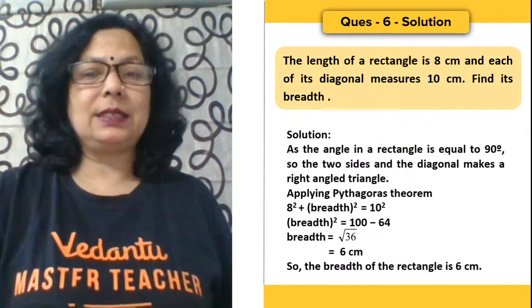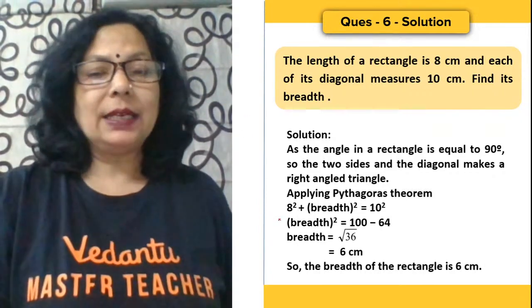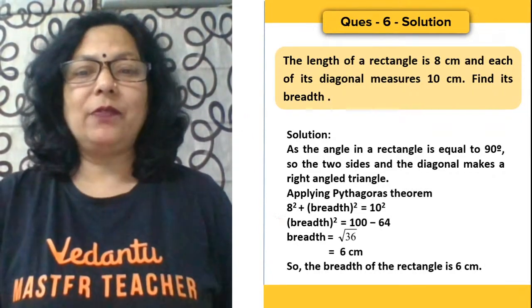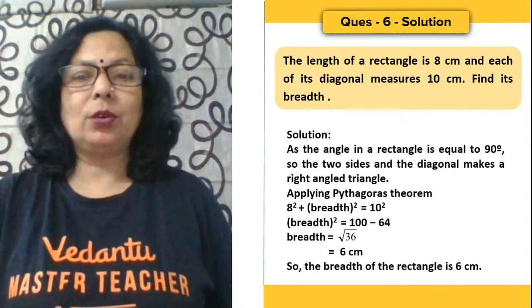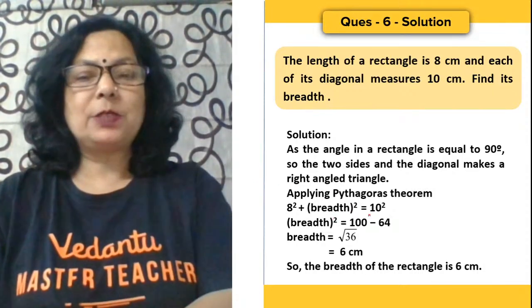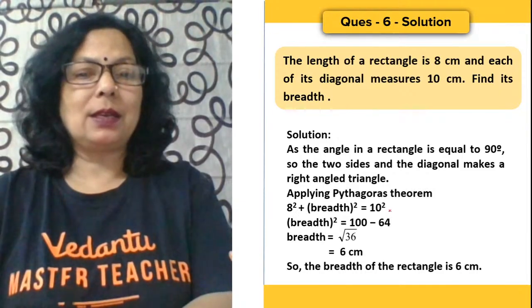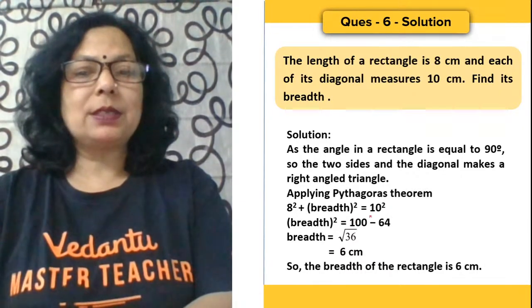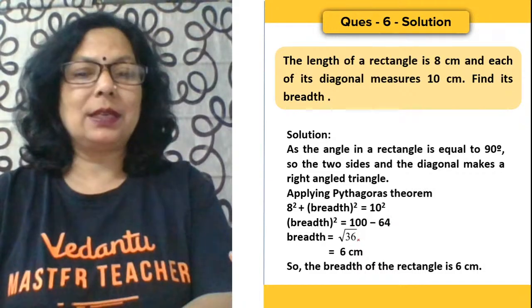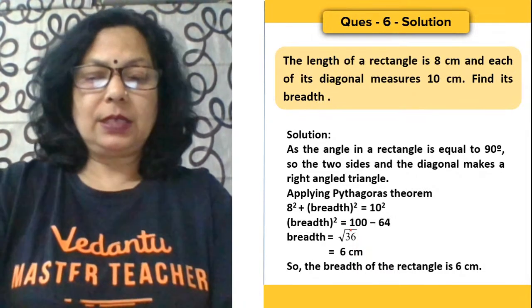Each angle of a rectangle is 90 degrees, and we'll be using that property. So from the Pythagoras theorem, 8 square plus breadth square is 10 square, the diagonal square. So breadth square is 100 minus 64, which is 36. Square root of 36 is 6.